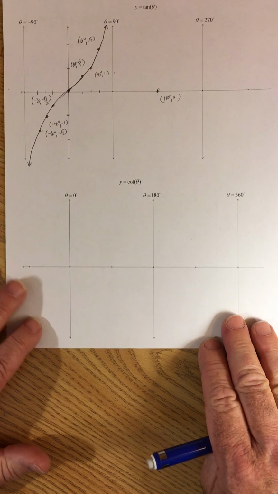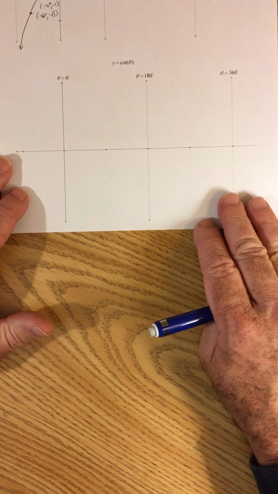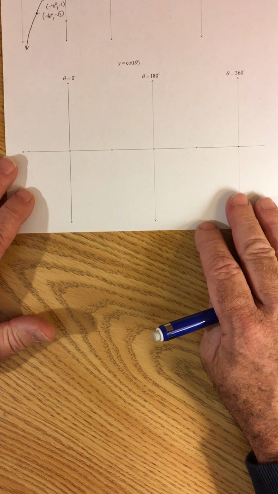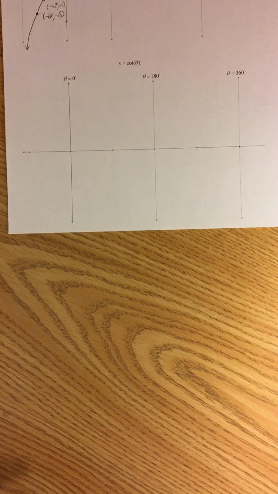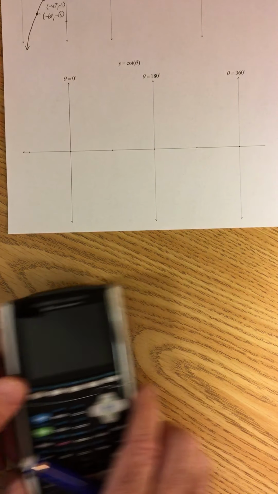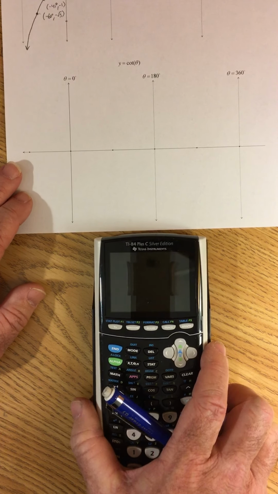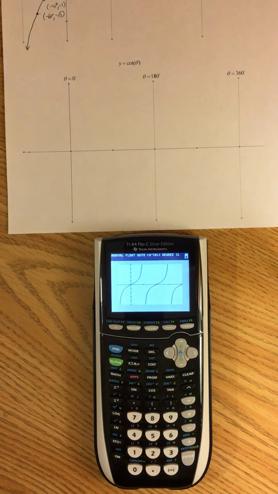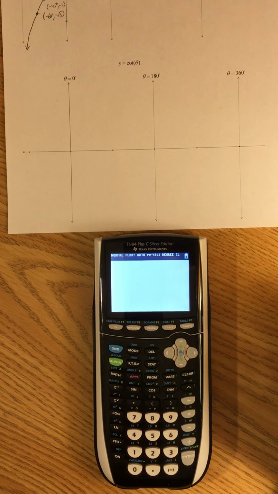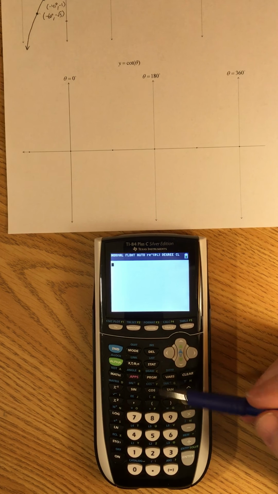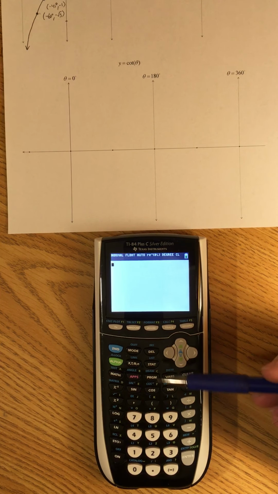All right, let me move this up. All right, now the way you do the cotangent in the grapher. The grapher does not have a cotangent function on it. You can look at the grapher and see that it only has sine, cosine, and tangent.